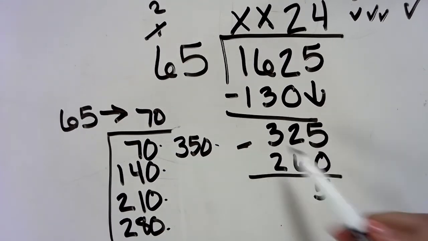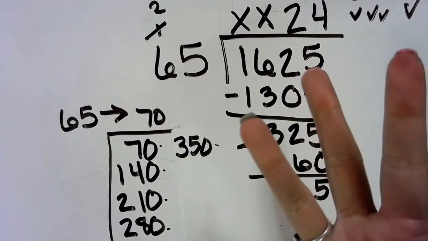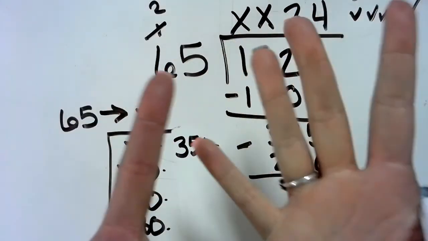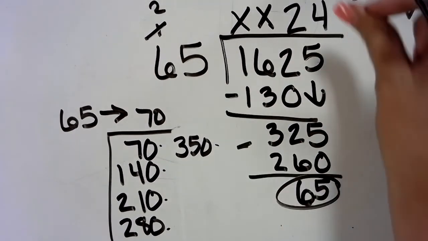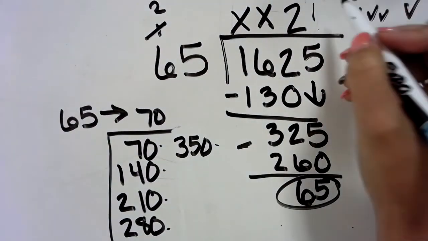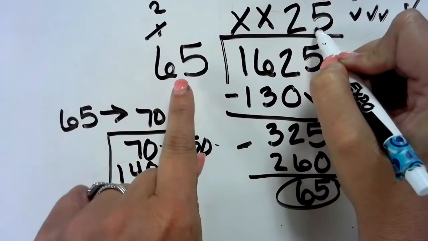And I can borrow or I can count up 26, 27, 28, 29, 30, 31, 32. So that would leave me with 6. Here's a problem. I have 65 here and I have 65 here. If this number is even or equal to this number, I've got to go back and make a change. So this 4, it'll go into it another time, won't it? I can get another group of 65.